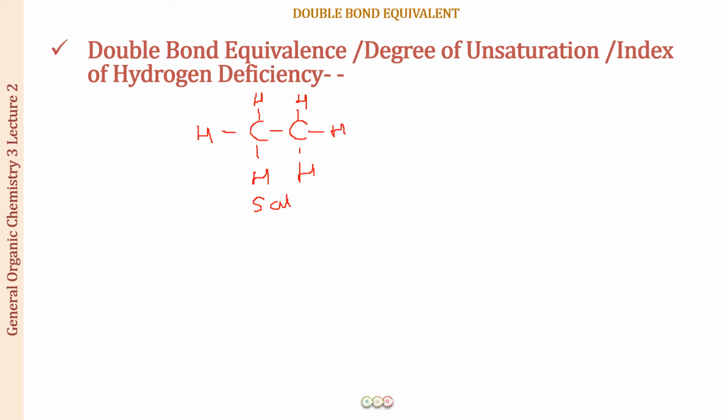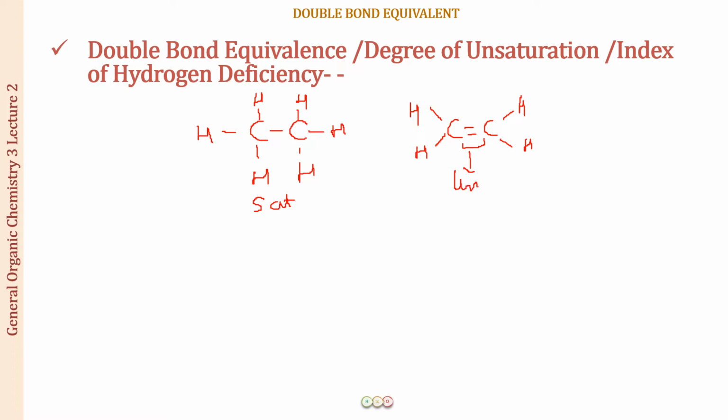I'm just writing sat for it. Next we have ethene. So this is a carbon-carbon double bond, and then two hydrogens with single bonds, and two hydrogens with single bonds. So this is ethene, but in this you can see that along with single bonds there is a double bond present. So this we call an unsaturated compound.